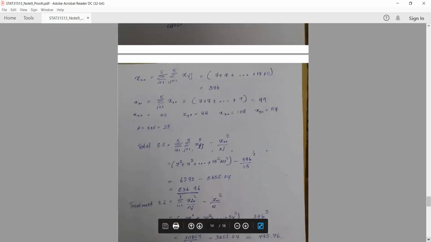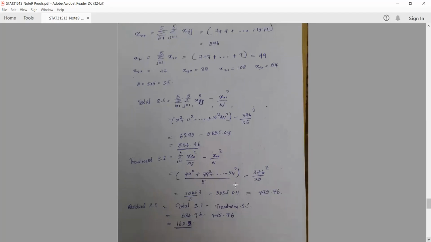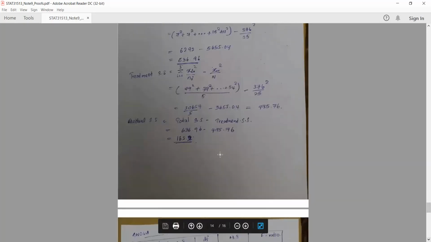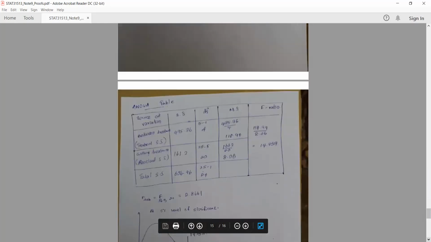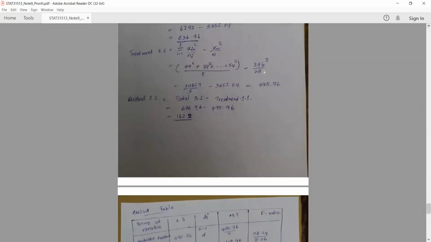So you have to first write down the hypothesis. And here I have used the alternative formula to do the calculations. You will see you get the same answer. We got the total sum of squares 636.96 and the error sum of squares as 162.2. When you calculate the treatment sum of squares, that is 475.76.